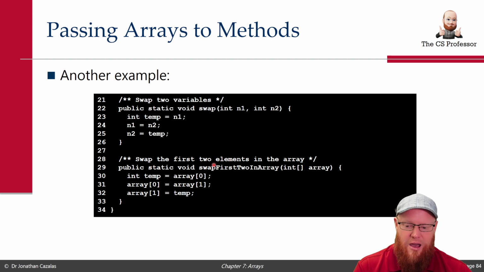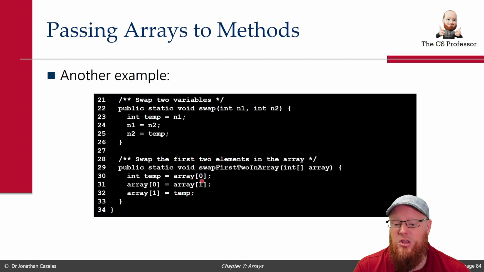Okay, but now look, the difference being we have this swap first two in array method. So we're swapping again, but we're going to swap the first two values in the array. What did we send over? We sent over an address to this method. The formal parameter is an address to a one-dimensional array of integers. And what did we do? The same famous 3 lines. We have a temp.